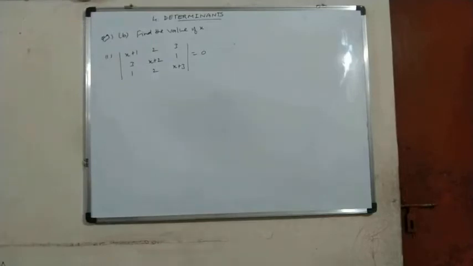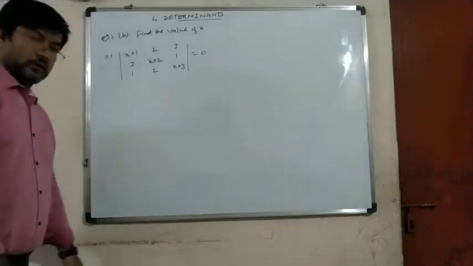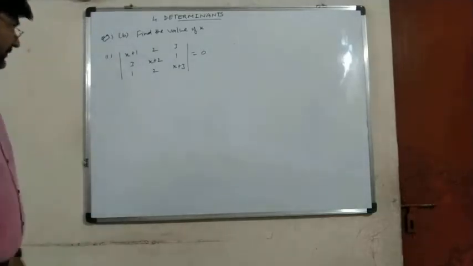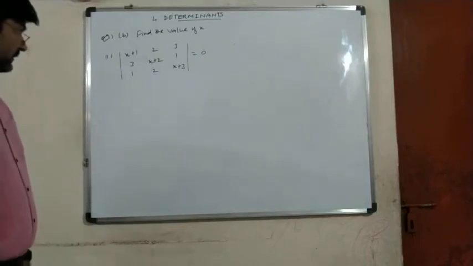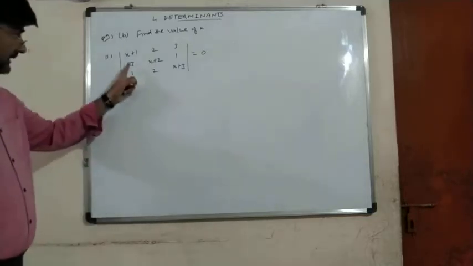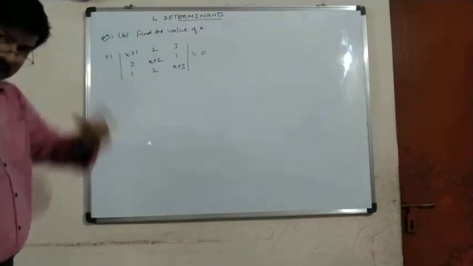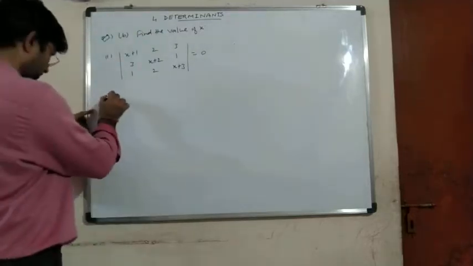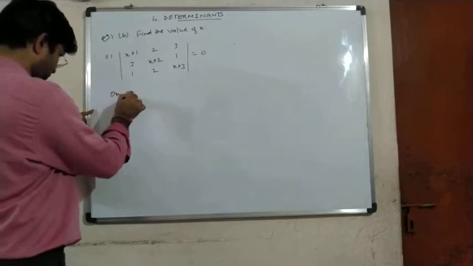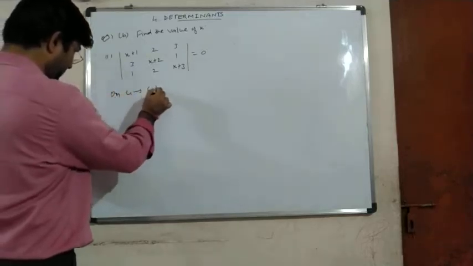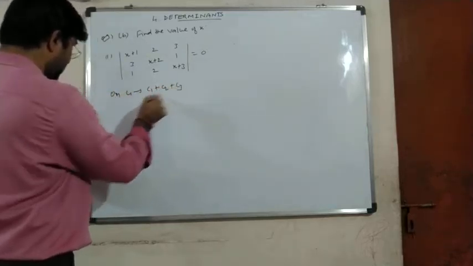Okay, now let us simplify this question. So what we can do, 3 plus 2, 5 plus 1, 6. If you notice that if we add the 3 columns, you will get the same term. So here also on C1 I am adding C1 plus C2 plus C3.